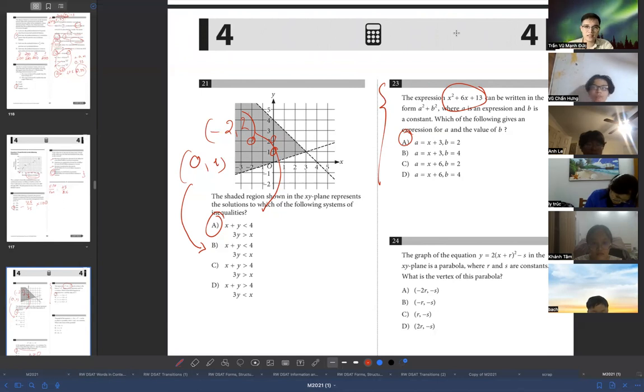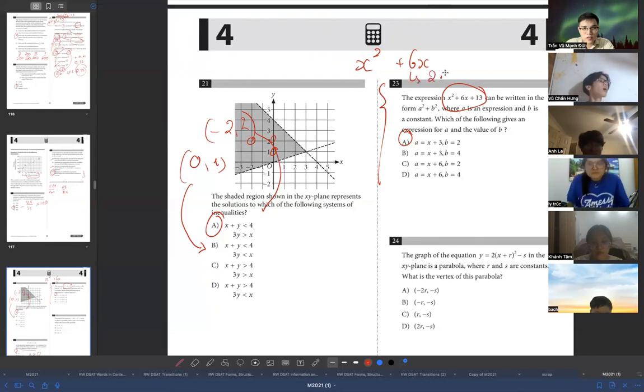But once you split it into this simple x squared plus 6x, you can see that it is missing a term. 6x can be split into 2 times 3x.